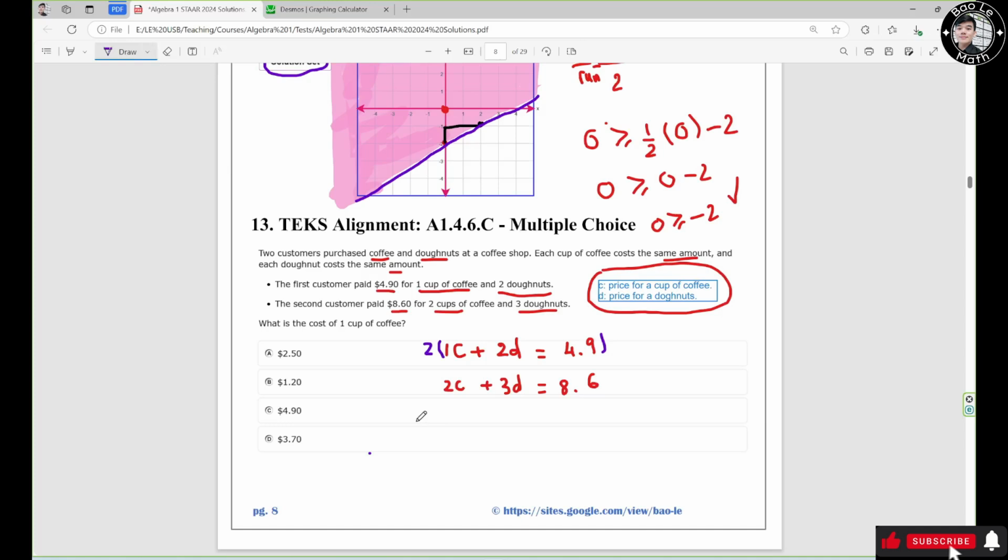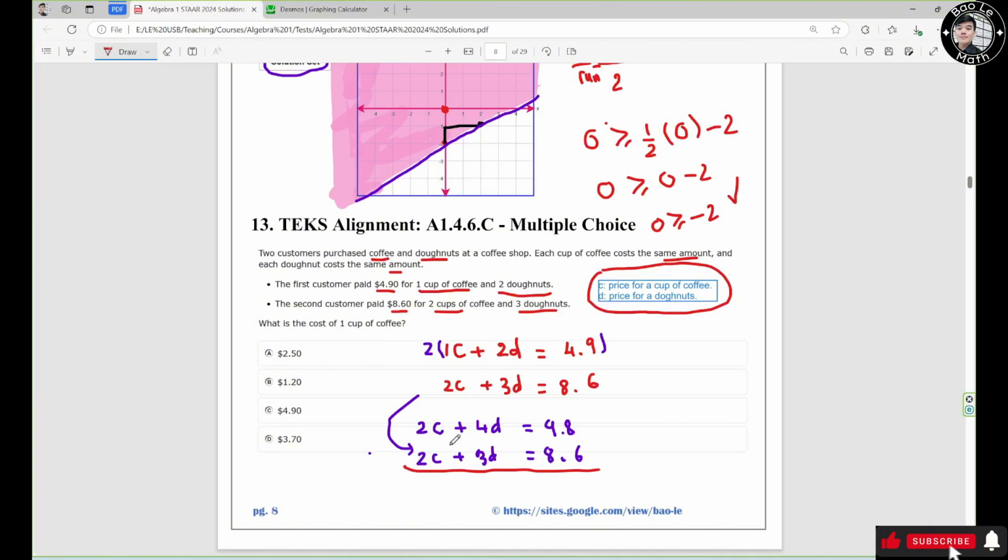So I have 2C, 2 times 2D is going to be 4D. 2 times 4.9 is going to be 9.8. Now I'm going to copy the second equation over here. So it's going to be 2C plus 3D equals 8.6.